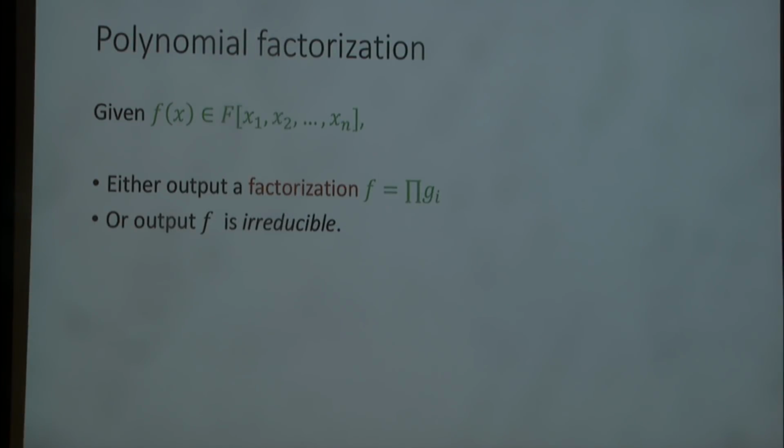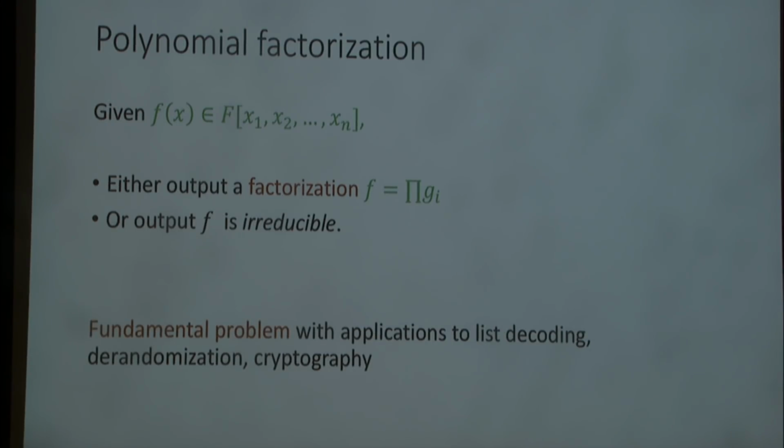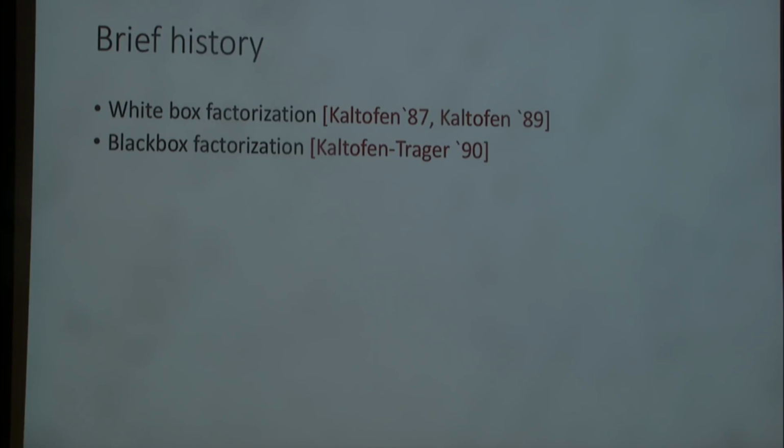And you need to either decide whether the polynomial is irreducible or output a factorization. And this is again a fundamental important problem with lots of applications. So let me tell you a little bit about the history.